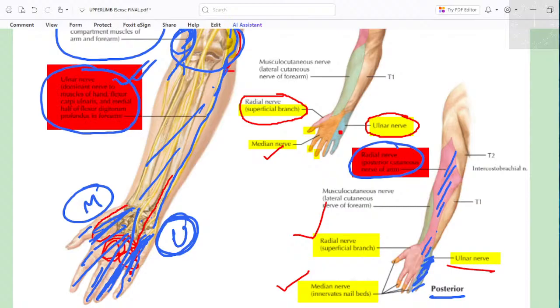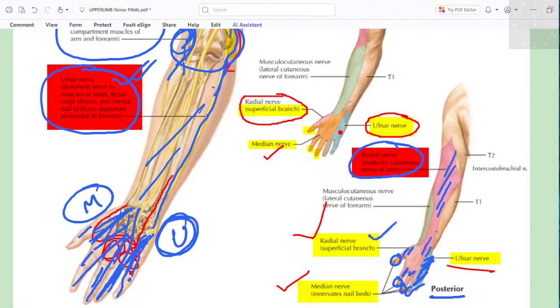But the median nerve is so aggressive, it captured the anterior and is also capturing the posterior aspect of the thumb, index, and middle finger. But which part? Only the tips of the fingers. Because the posterior aspect is mainly for the radial nerve.